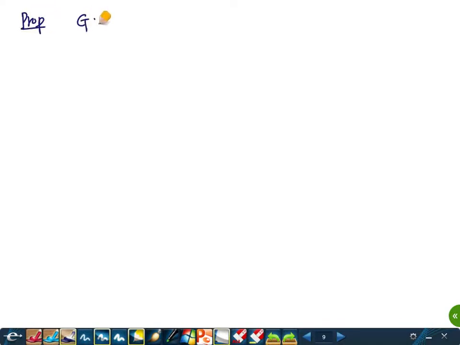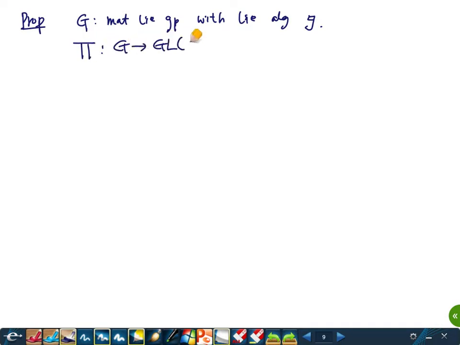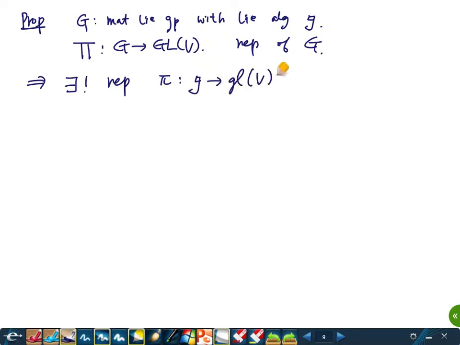Let G be a matrix Lie group with Lie algebra g, and let capital pi be a representation of G. Then there exists a unique representation pi of the Lie algebra g on the general linear group such that pi(e^x) equals e^(pi(x)) for all x in g.